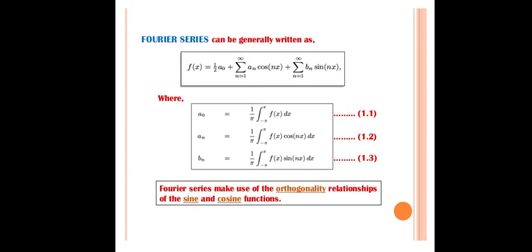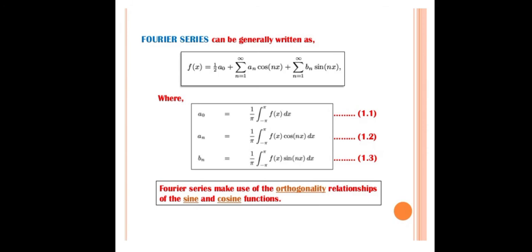Now we denote a0 as 1 upon pi integration of minus pi to pi f of x dx. an indicates 1 upon pi integration of minus pi to pi f of x cos nx dx, and bn is equal to 1 upon pi integration of minus pi to pi f of x sin nx dx.